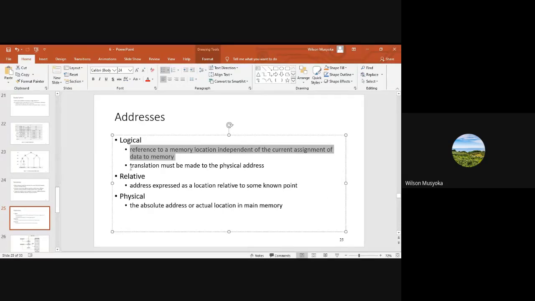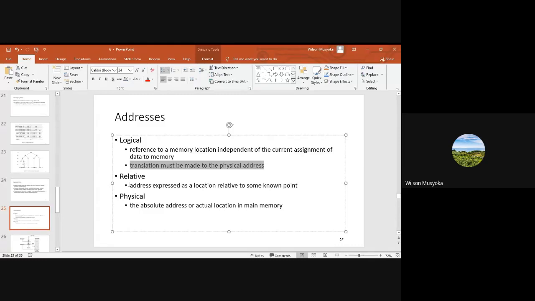This has to be translated to a physical address. A logical address is like saying we have this data or this process in a particular location, but what we have put in memory is just a logical one, or a pointer to the physical location. And that is why we are talking about translation.